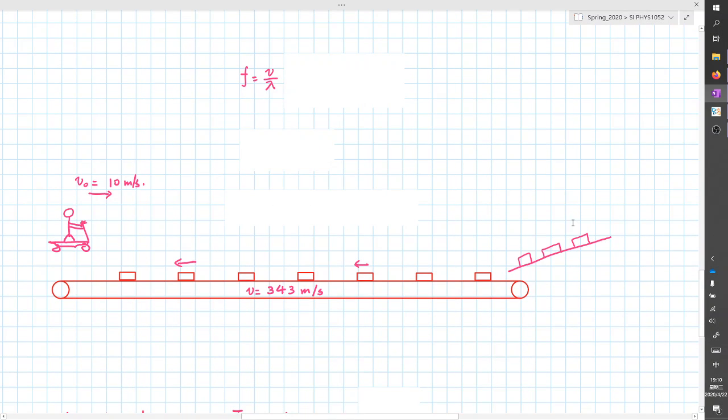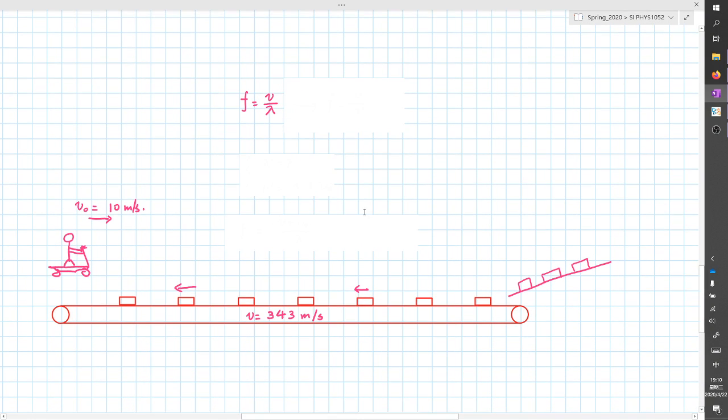Case 1. I visualize the sound wave as packets on a conveyor belt, and these packets are donuts in my case. The conveyor belt is traveling at 343 meters per second, and our observer is riding an electric scooter against the direction of the conveyor belt at 10 meters per second.